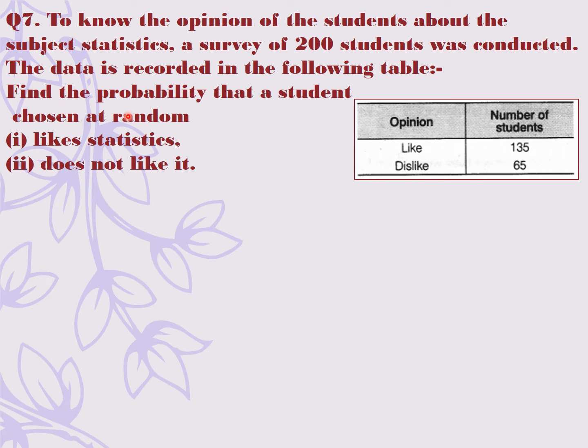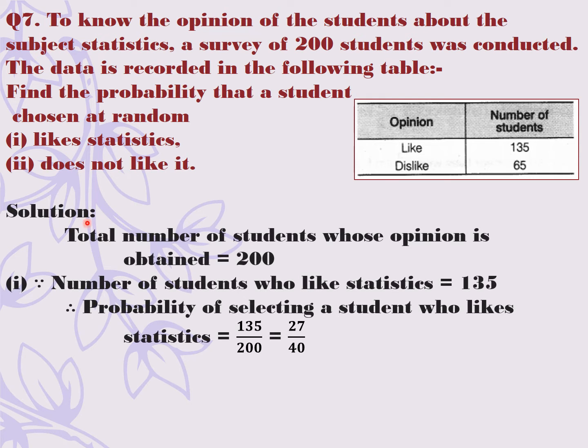So find the probability that a student chosen at random, number 1, likes statistics. Total number of students whose opinion is obtained is equal to 200. That means total number of students is 200. For the first part, number of students who like statistics is 135.